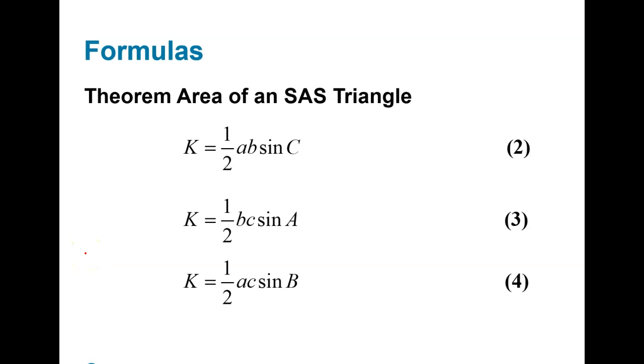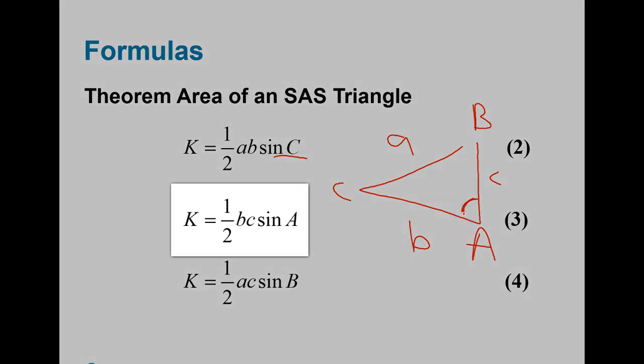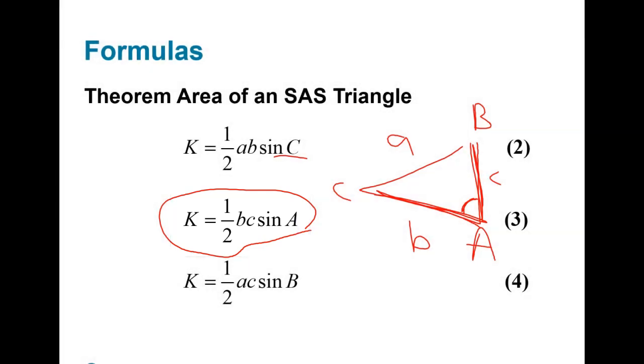Now I gave the example where C was the angle given, but if this was C, and this was A, and this was B, and this would be angle A, this would be angle B. If I'm given angle A, then C and B would be the sides that form that, and so I would be using this formula. It's all about which angle you're given and which side lengths you're given.